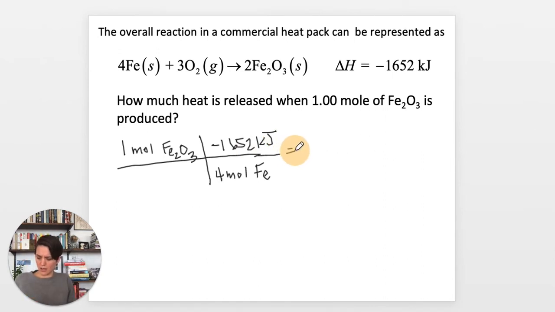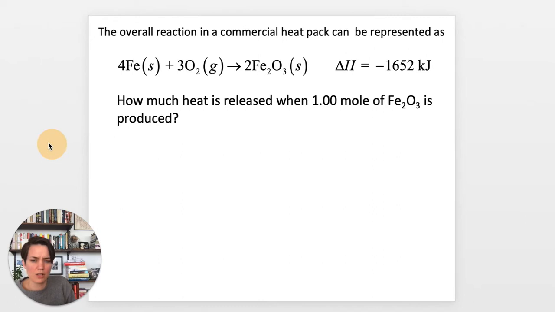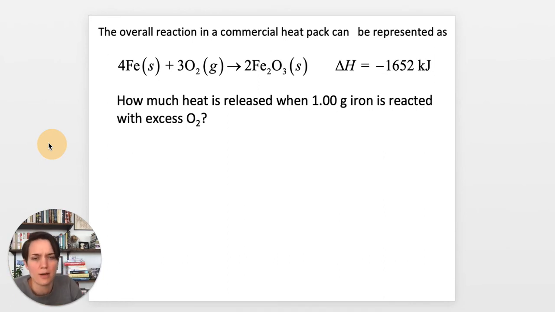So you take that 1,652 kilojoules, divide it by 4, and you should get negative 412.5 kilojoules. All right, so it's just using that relationship given to us by our experiment in order to deduce what would happen if we had less of one reagent.